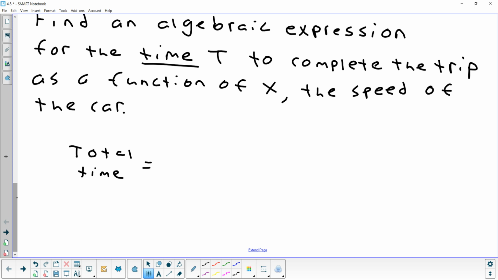So she's going to spend some time in the car, and she's going to spend some time on the train. What are we going to do to find the total time if we know the time she spends in each mode of transportation? You're going to add them together. So the total time equals time in the car plus time on the train.